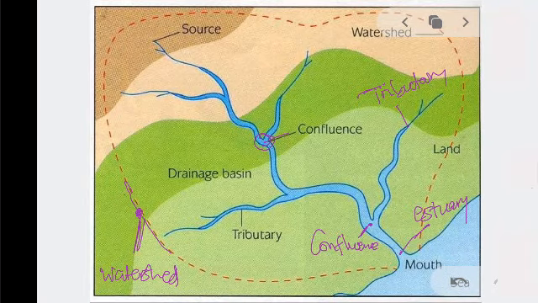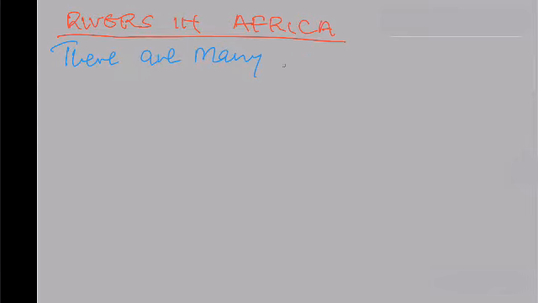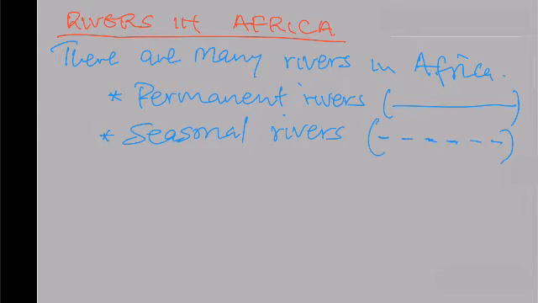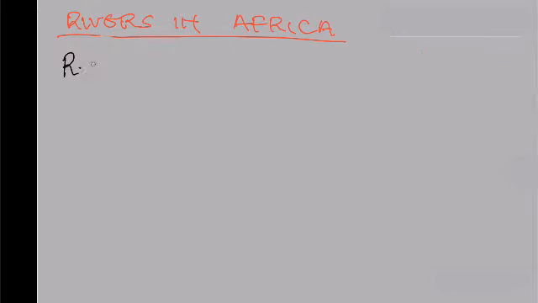Having looked at that, we want to look at specific rivers in Africa. And of course, you understand that Africa has very many rivers. Some of them are permanent, that means they have water throughout the year. Others are seasonal, so they only have water maybe during rainy season, but then they dry up when drought comes. Looking at the order of the rivers in Africa, we have River Nile.